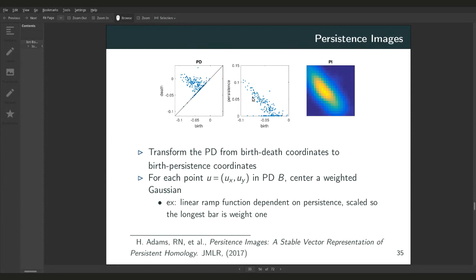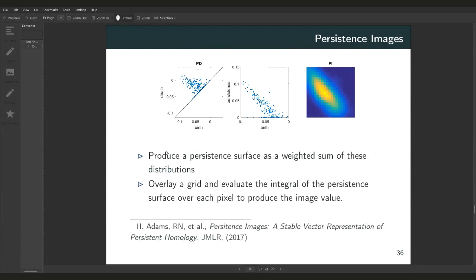At each point we center a weighted Gaussian and then sum the whole thing up, overlay a grid, and integrate over the surface. So we end up with this nice vector representation of the persistence diagram that encodes the important features here.